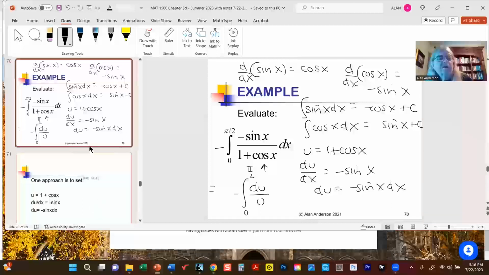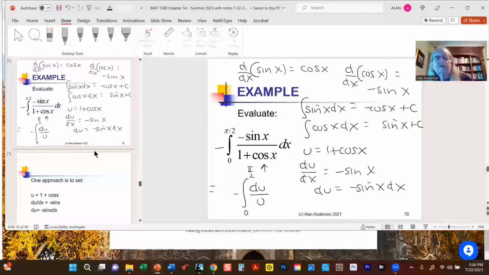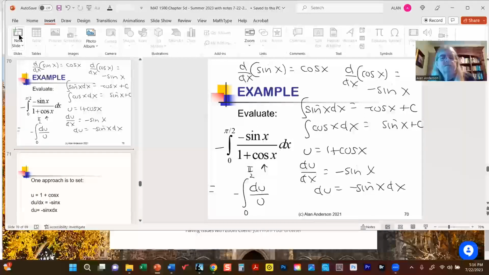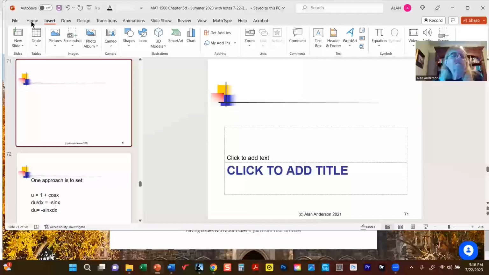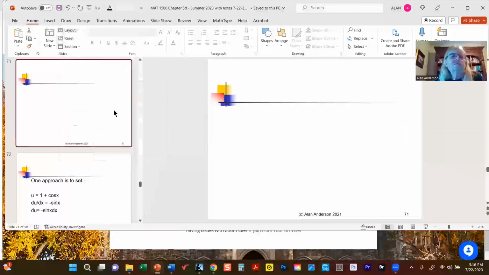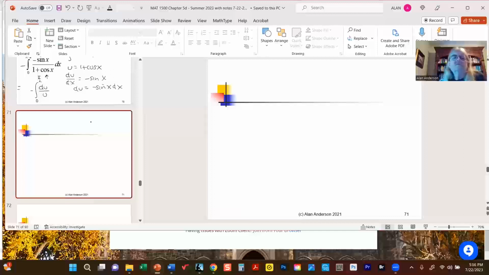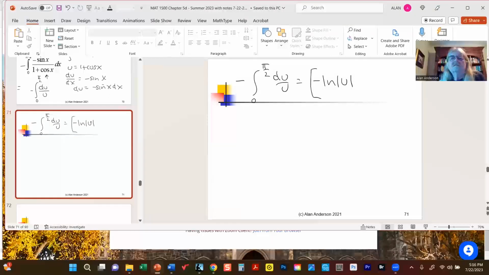Okay, well, we know where this is going. It's going to be a log, a definite integral. Actually, let me move the negative outside there.